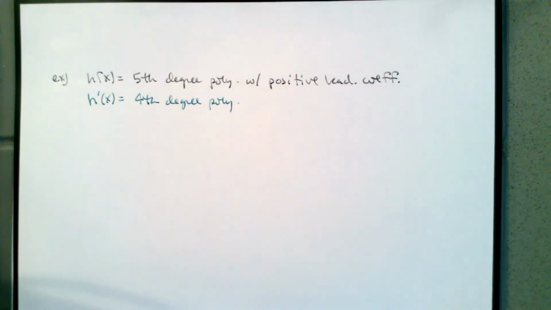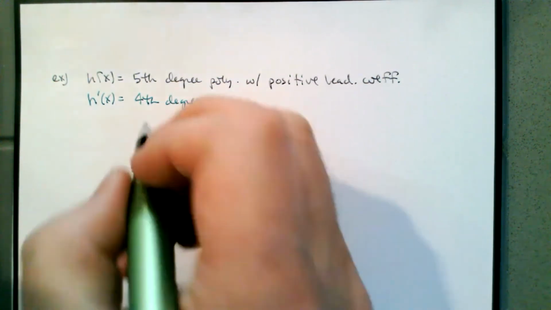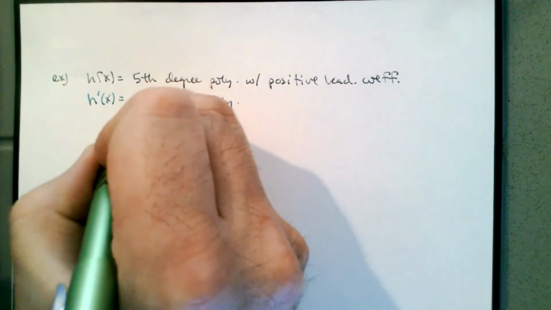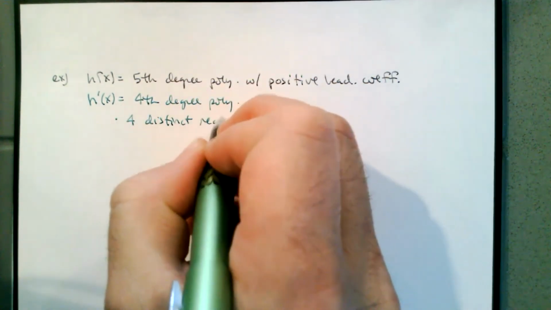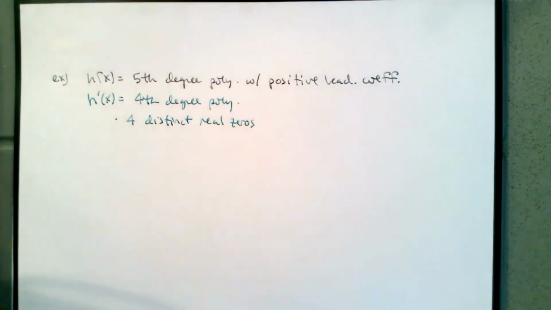And what are the possibilities for the zeros of a fourth degree polynomial? I could have 4 distinct real zeros. I could have one zero with multiplicity 1 and one real zero with multiplicity 3.